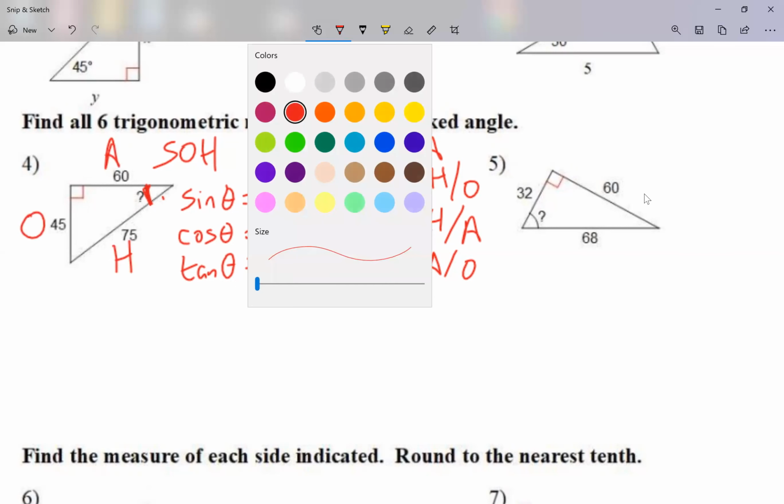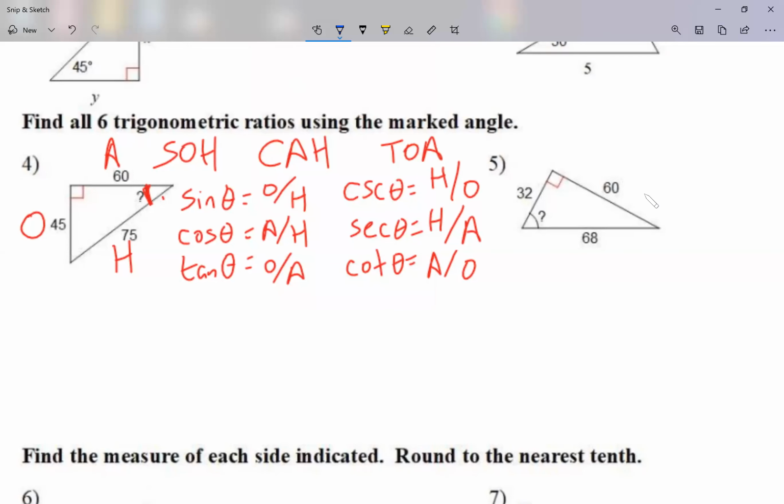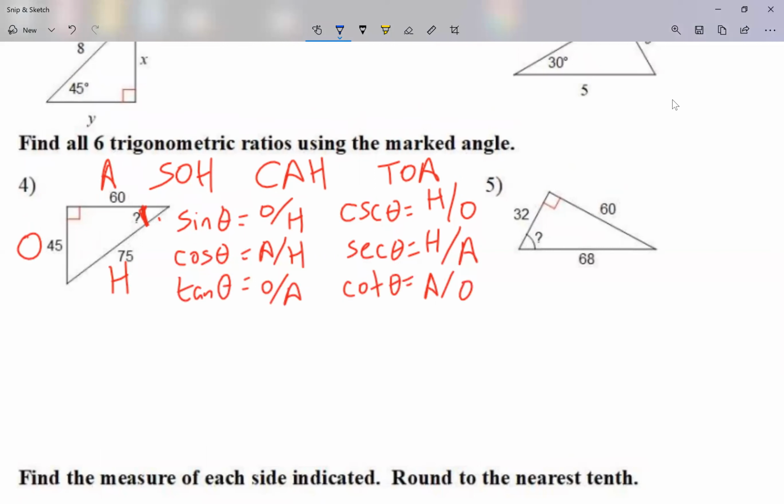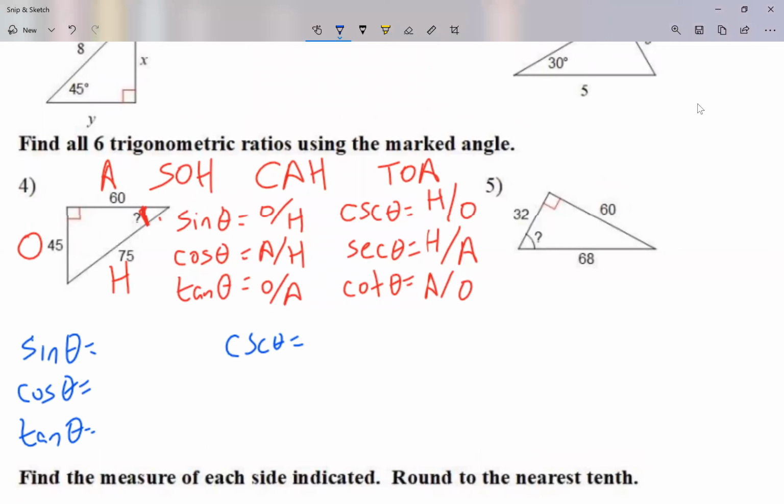So if I was answering my 6 trigonometric ratios from this triangle: my sine, cosine, and tangent, or my cosecant, secant, and cotangent.